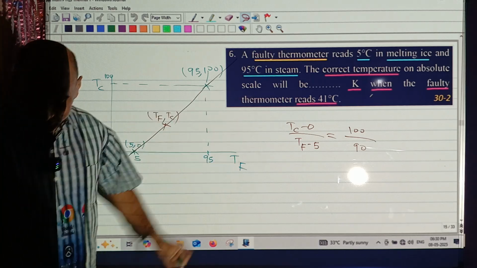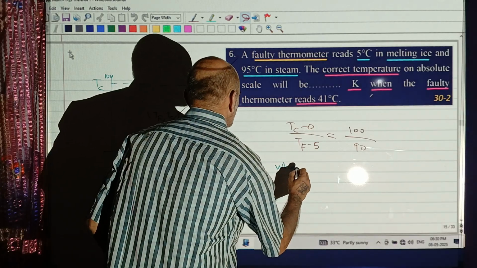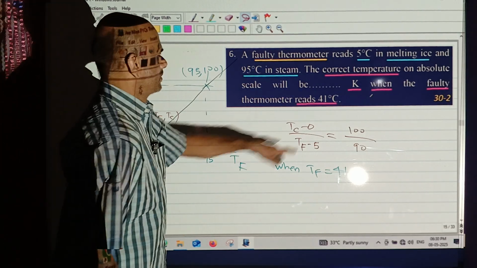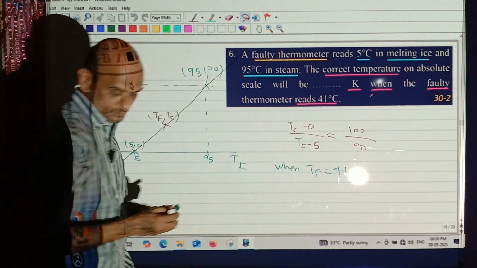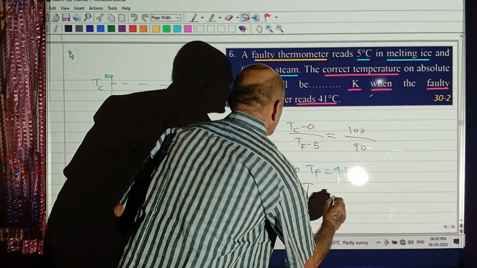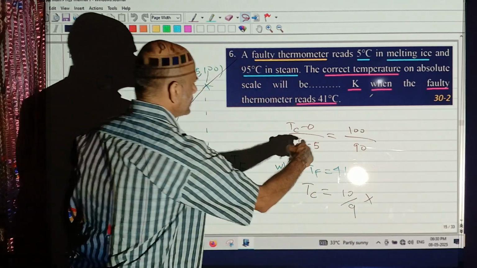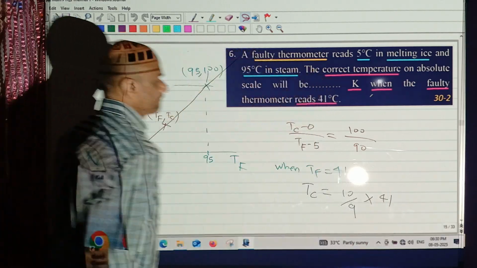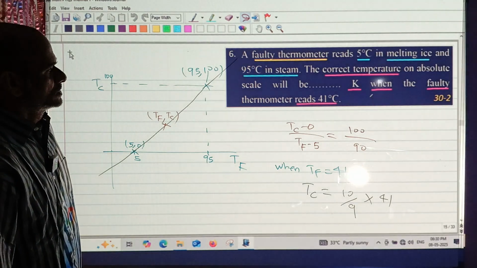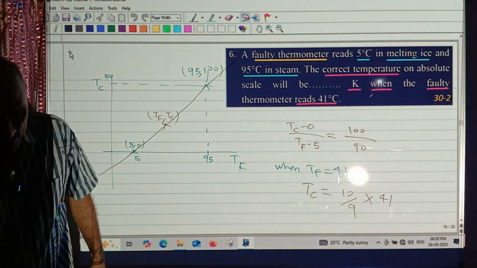So when the faulty thermometer is 41, so when TF equal to 41, we can get the value of TC using this. TC will be equal to this 10 by 9 into TF minus 5, where TF is 41. 41 minus 5 is 36.